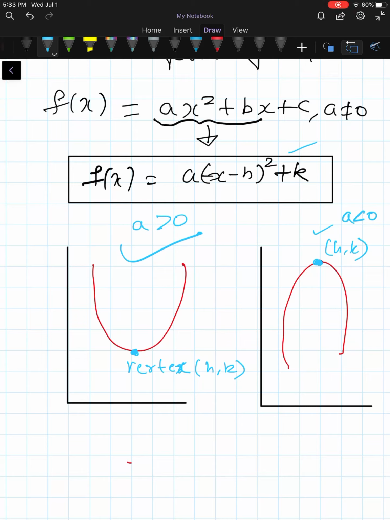So you can analyze how the graph looks and where the graph attains its maximum or minimum point based on the value of a as well as the point h, k, which is the vertex. Without plotting the graph, you can analyze graphical things just by expressing the given quadratic equation in the standard form given here.